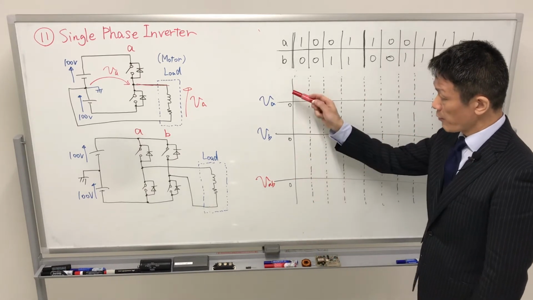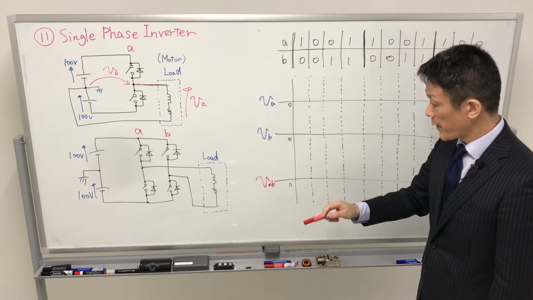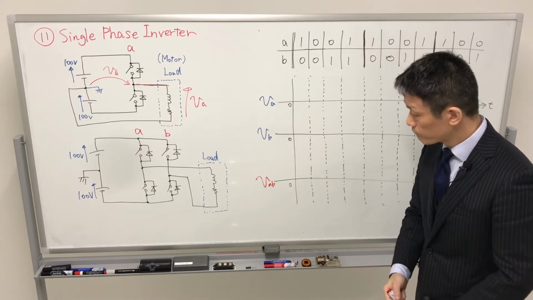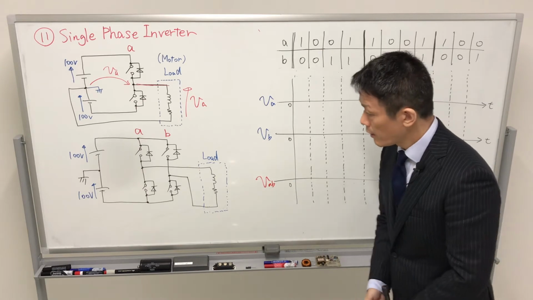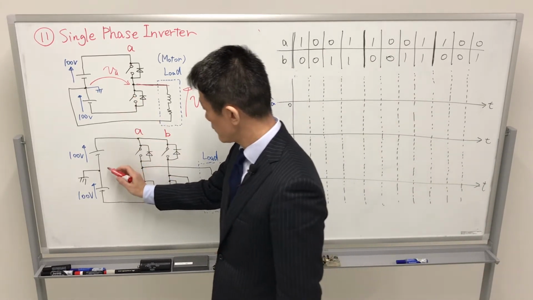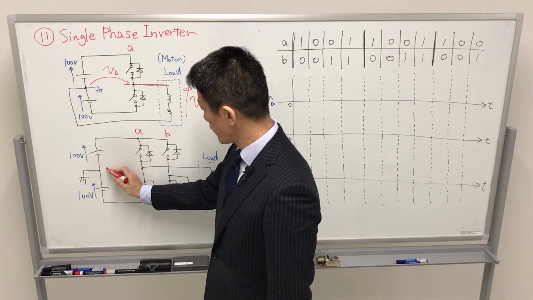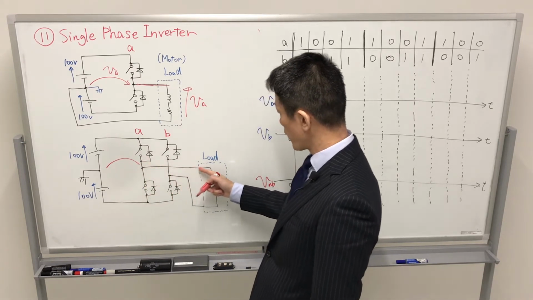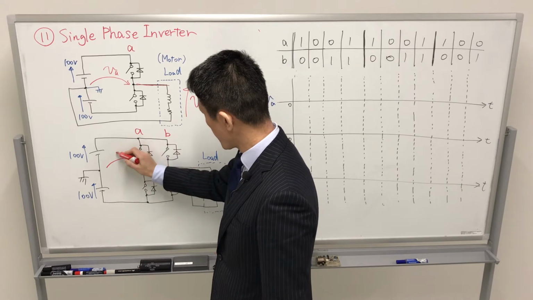we regard the VA and VB for obtaining the VAB. This is the VAB because of the same discussion: from this ground line point to this output line point, this line is the VA.